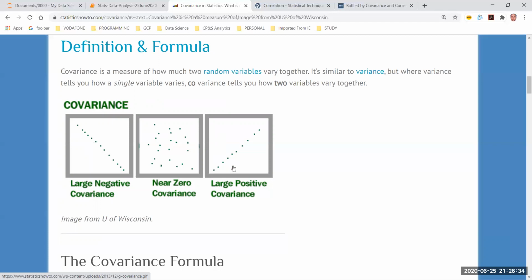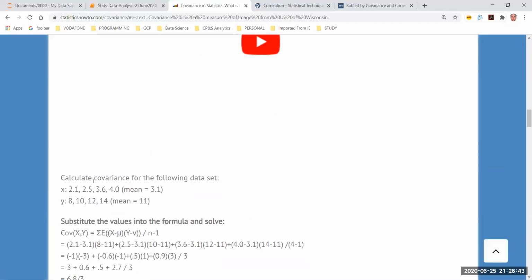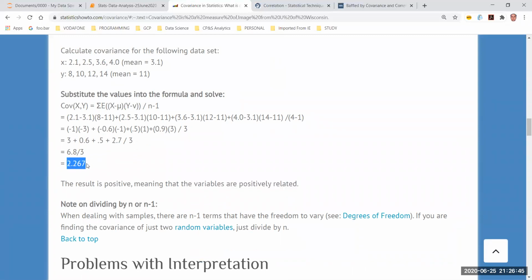In the same way, you can imagine what a large negative covariance would be. Near zero covariance is if this value had come quite close to zero. If this value had come as minus 4.78, it would have been a negative correlation. If this value had been minus 0.003 or plus 0.02, then it is going to be a near zero kind of covariance, right?